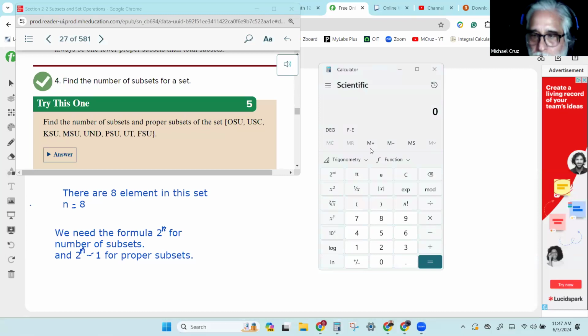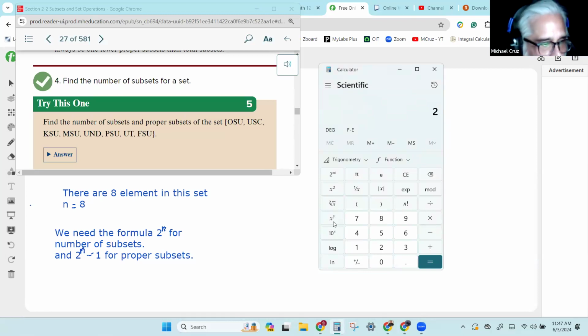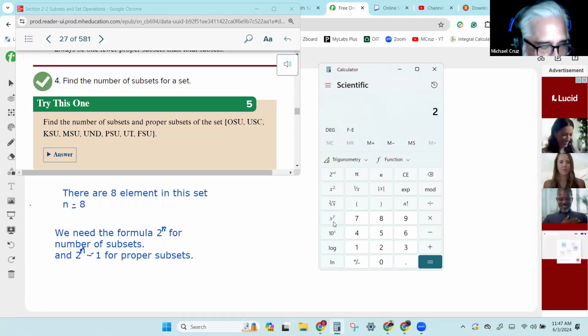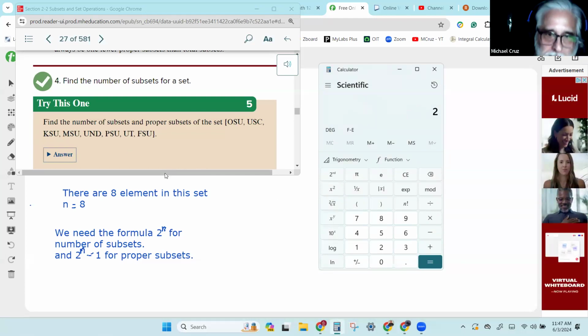All right, so we're going to do 2 here, and the TI has a very similar function on there. I believe it looks sort of like this, the little character that's over the 6 on your TI, but it does the exact same thing as this. You put in the base, and then you hit that key.